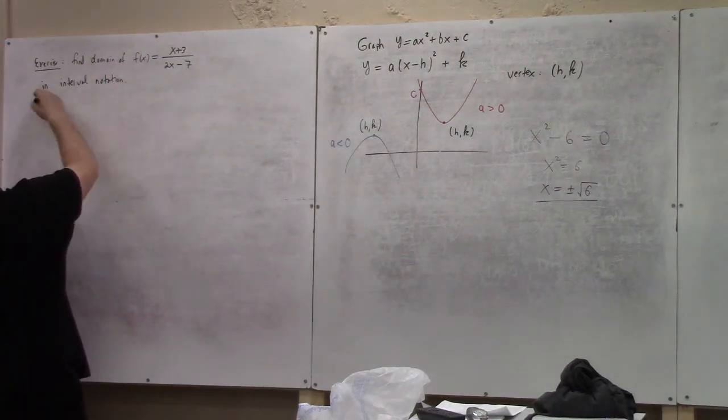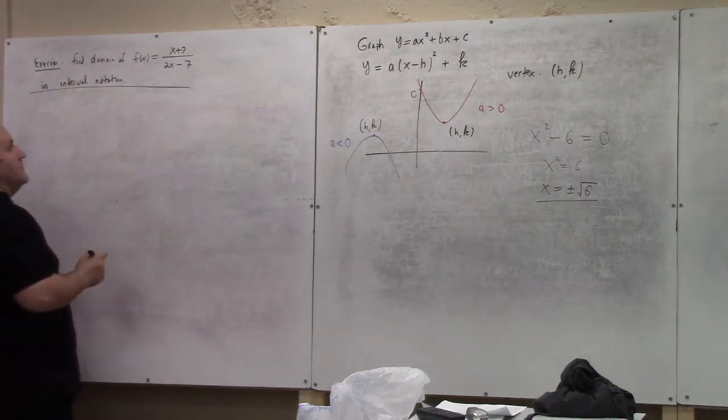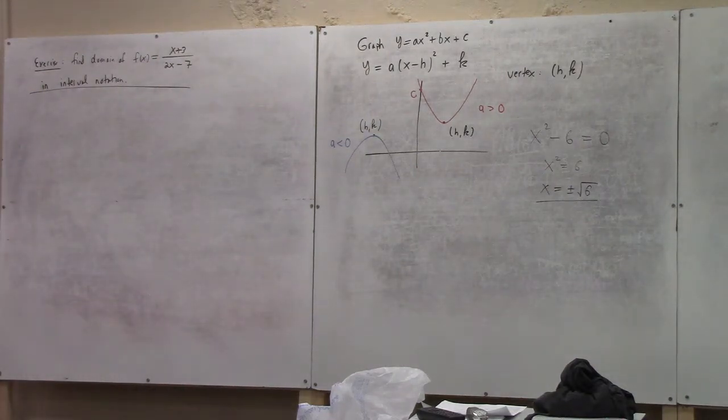So can we do this? What is the domain for a function? If you have a formula, the domain should be all x for which the formula is reasonable. So what do we need for this formula to make sense?